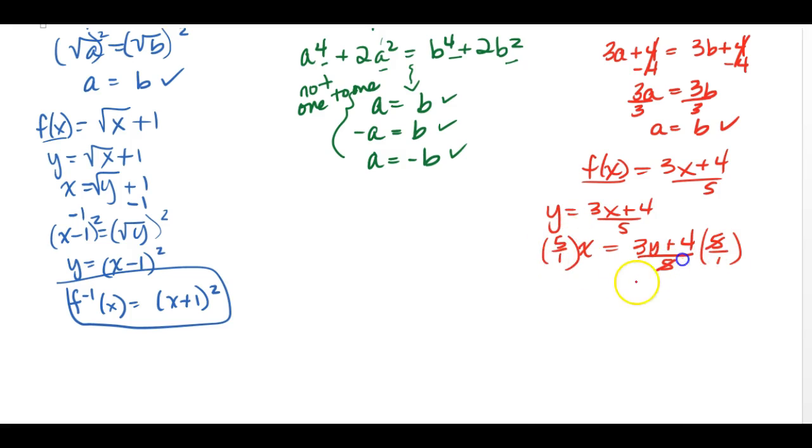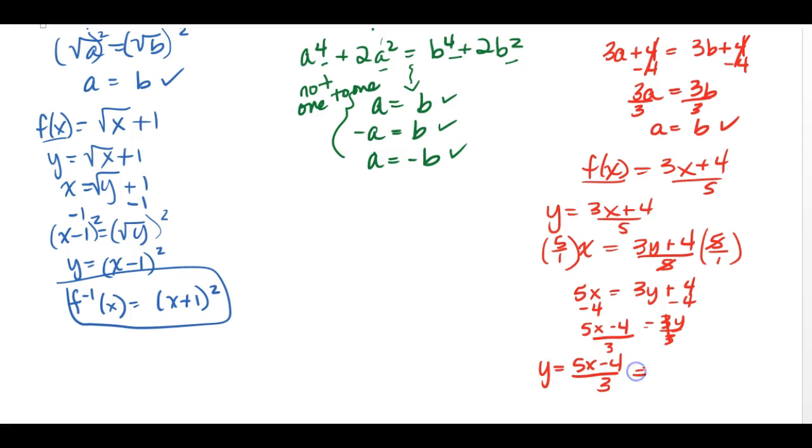These 5's cancel out. So now I have 5x equals 3y plus 4. Subtract the 4. Divide both sides by 3. And then that'll be y equals (5x minus 4) over 3.